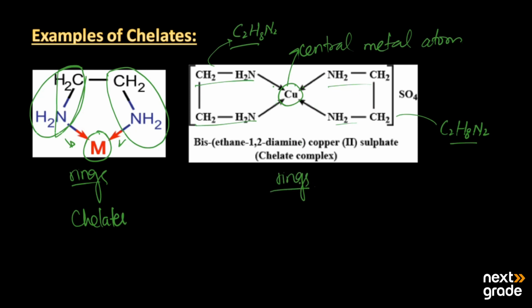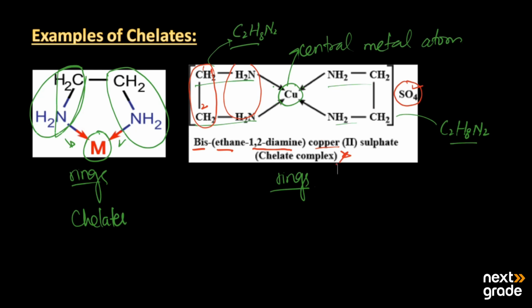What is the name of this group? It is named bis(ethane-1,2-diamine). Bis means two groups are attached. This is the ethane, and this is the diamine, attached on carbon number 1 and carbon number 2. The central atom is copper, and the counter ion is sulfate. This is an example of a chelate complex.